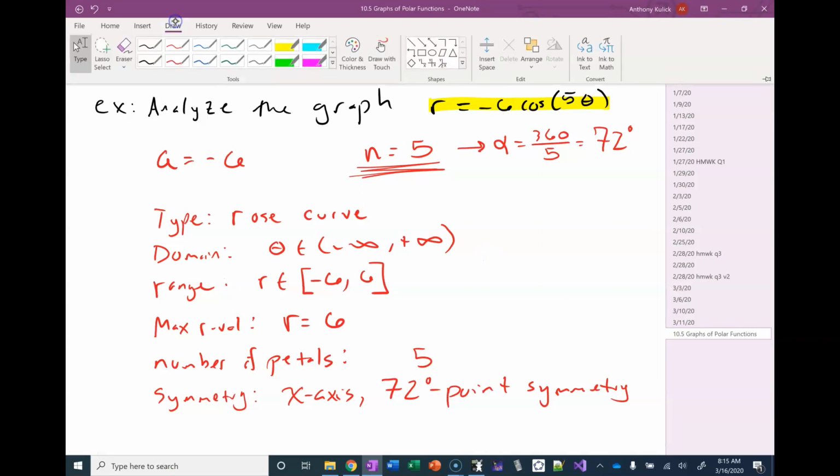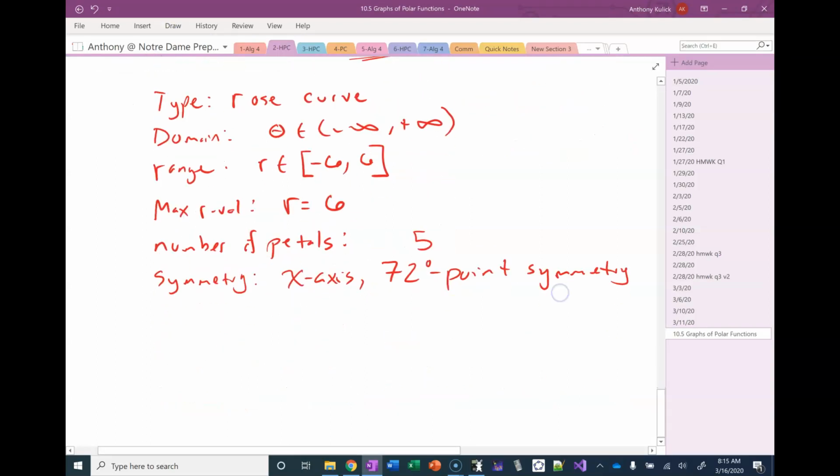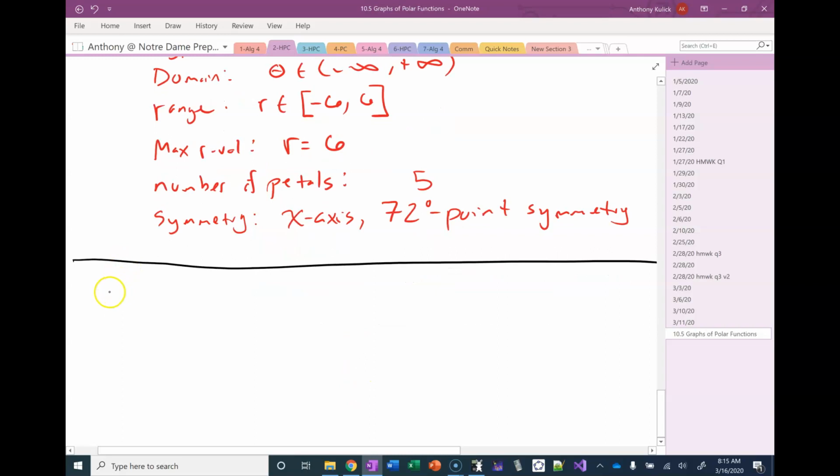Okay. The second type of polar graph that we're going to talk about is called limaçon curves. I probably need to spell this, because the pronunciation and the spelling don't look really the same.